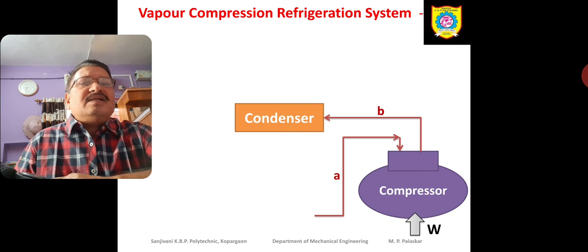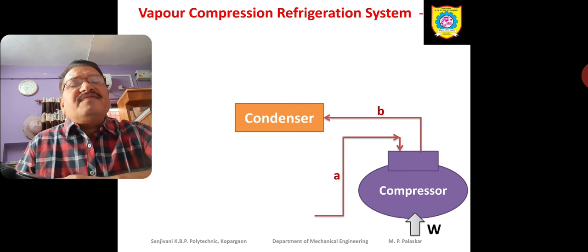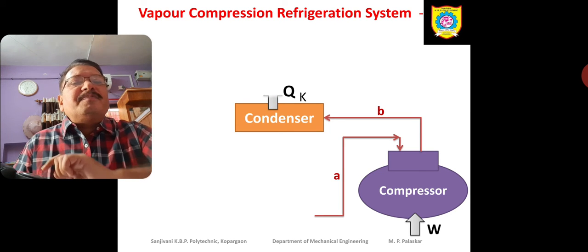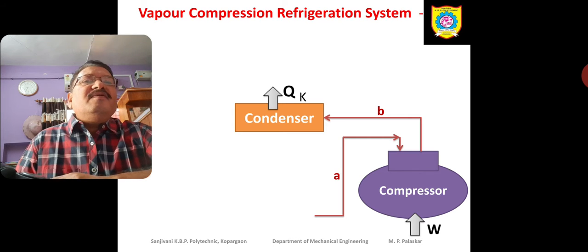So due to cooling, superheated vapor will first of all get converted into saturated vapor, and then after that the condensation of this saturated vapor will start because cooling is continued, and the saturated vapor will be condensed at constant temperature and constant pressure into liquid, first of all saturated liquid, and in some cases the liquid is further cooled to subcooled liquid, and for this particular purpose heat is removed from the condenser.